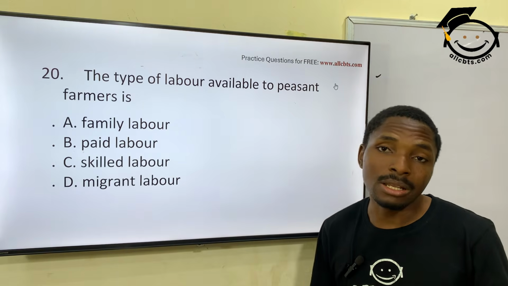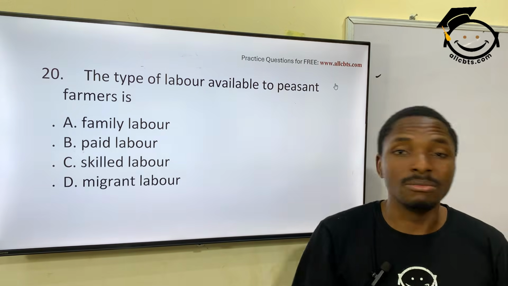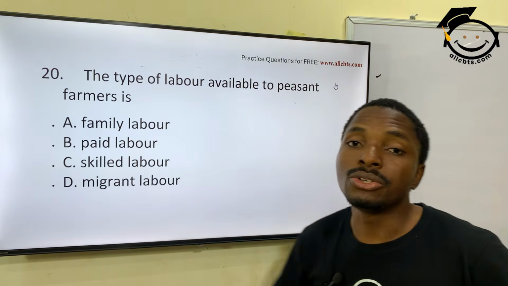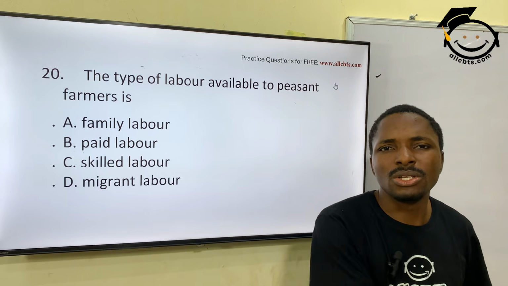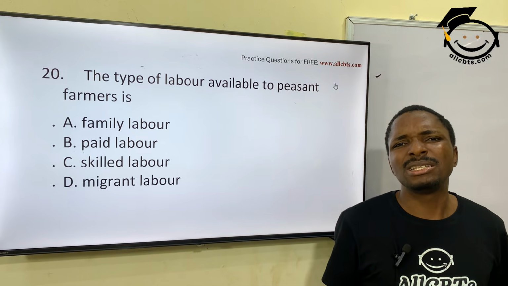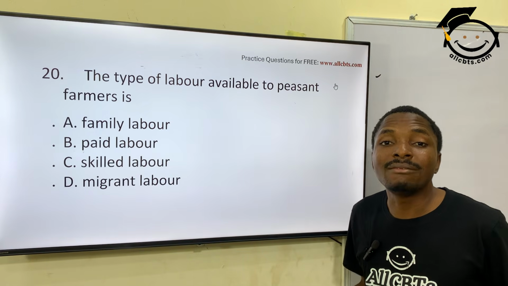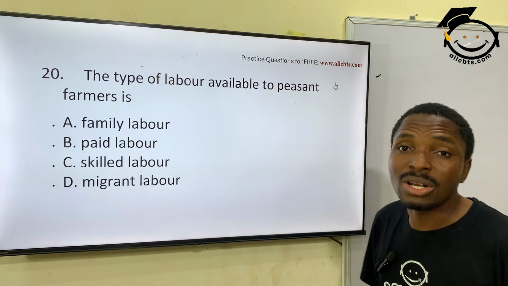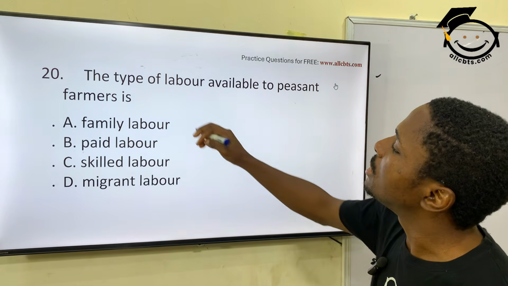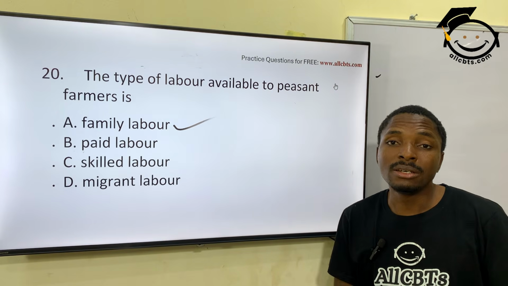Most times it's family labor, as is also practiced in the rural community or in the village communities, where a man carries all his family to work on his farm. Not because he wants his little boys that are just barely 7, 6, 8 years old to go through hard labor, but because he doesn't have money to get paid labor. And his plot of land is actually really small. So the major type of labor for them is family labor.